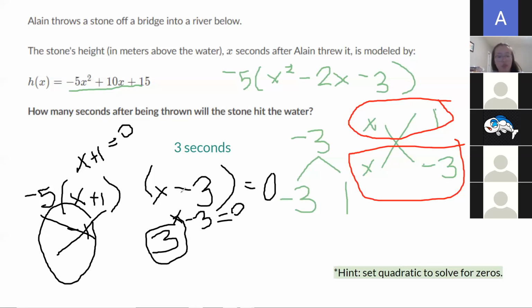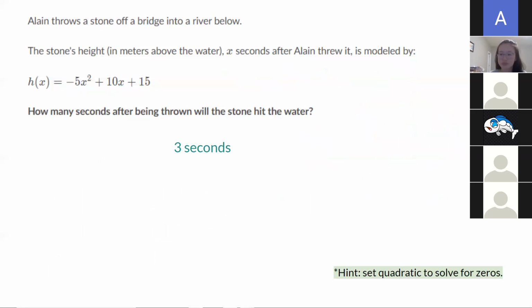So 3 seconds has to be our answer, because 3 is the only number that satisfies this quadratic and also satisfies the question itself. Does that make sense? Yes. Okay, good. Let's move on.